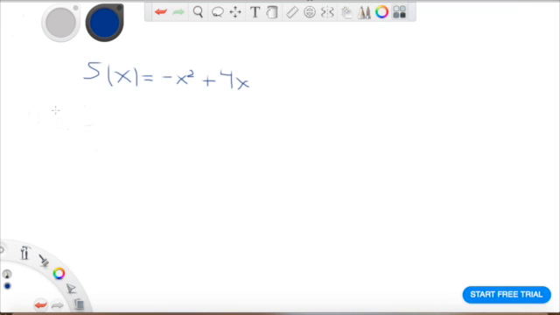equation for velocity. So we have our equation s(x) equals negative x squared plus 4x.